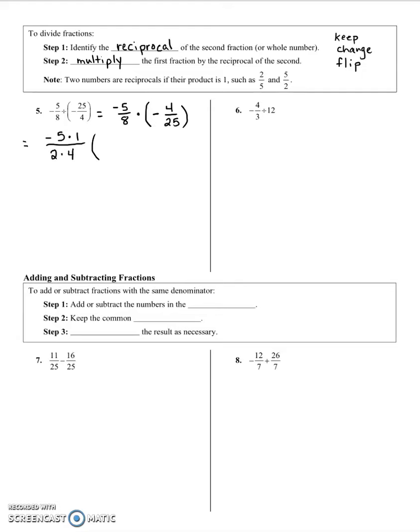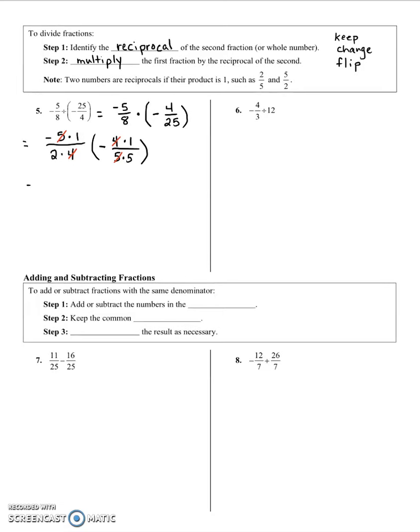And then in our second fraction, we have -4 times 1. And we have 5 times 5 in the denominator. And now we can cancel some things out. So we cancel a 5 with a 5. We cancel a 4 with a 4.